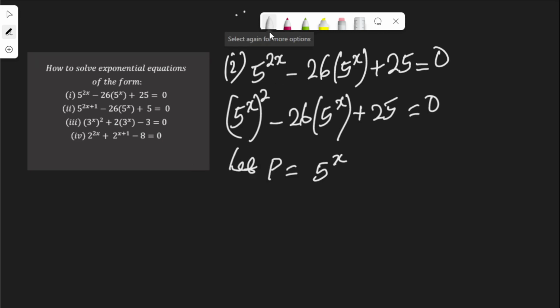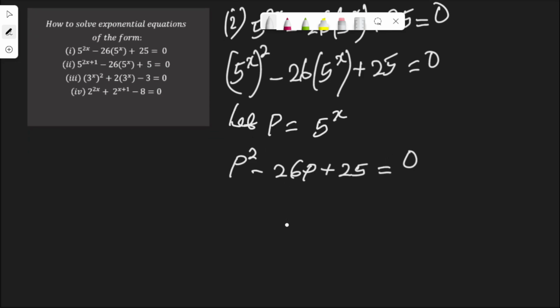It becomes p squared minus 26p, since we have 5 to the power of x there too, plus 25 equal to 0. This is a quadratic equation now, and we use the factorization method to solve this.